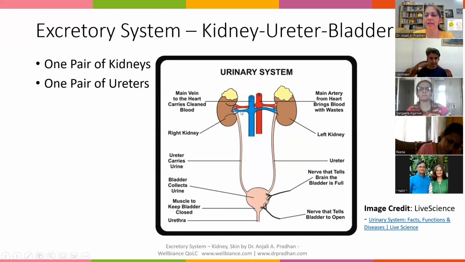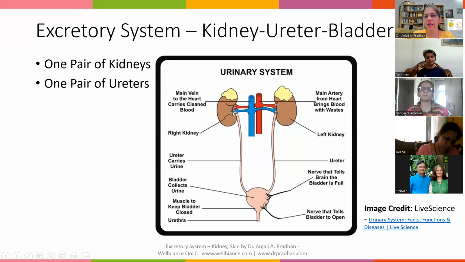Okay, and then it joins to inferior vena cava. मालूम है inferior vena cava? जो नीचे से जो ब्लड आता है वो टुवर्ड्स हार्ट लेके जाती है, inferior vena cava. So renal artery enters, lymphatic vessel enters, nerves enters, and renal vein leaves hilum.